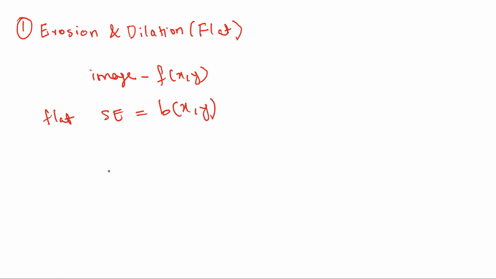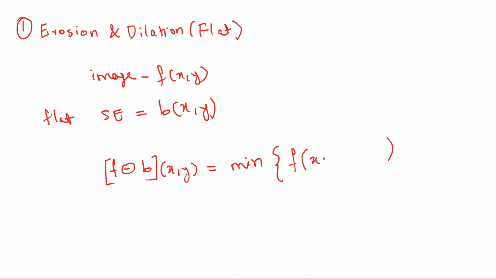The erosion of the image f with a structuring element b, as this is a function of two independent variables x and y, is written using this kind of notation. The definition is: you take the minimum value of the function f when you probe the neighborhood of f of x y.